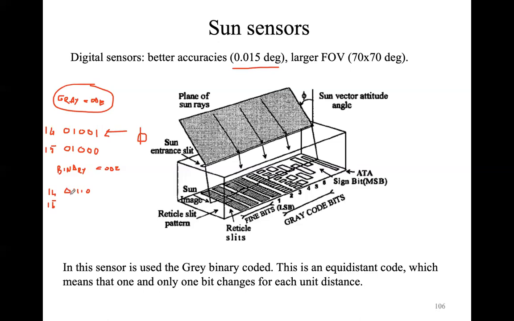The next one will be 0, 1, 1, 1, 1. The problem is that when you go to 16, the binary code switches to 1, 0, 0, 0, 0. For the gray code, there will always be a switch in only one digit. So you will have 1, 1, 0, 0.